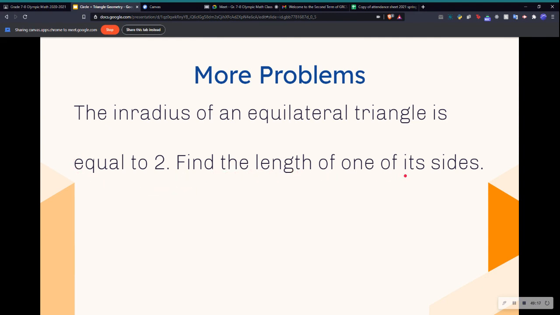Find the length of one of its sides. I'll give you guys a couple seconds or a minute to think about it. After this, we're just going to solve one more problem and call it a day. We're a bit short on time. I think we started late as well, so I'm going to go a bit over time if you guys don't mind that.